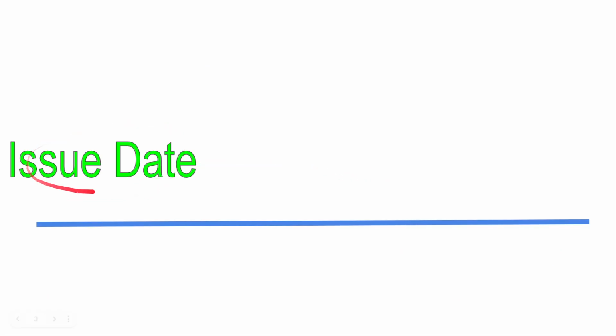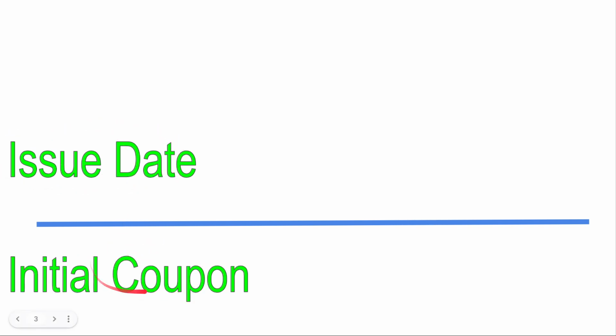So let's take a graphical understanding of perps and draw a simple line. So you have the issue date where the perp is issued, and on the issue date there will be an initial coupon. There's no maturity for the perp, so theoretically the maturity date is forever. There's no obligation for the issuer to ever redeem the perp.